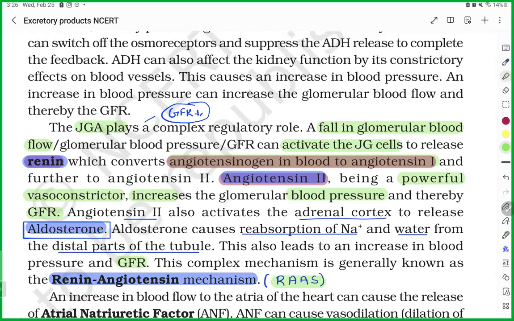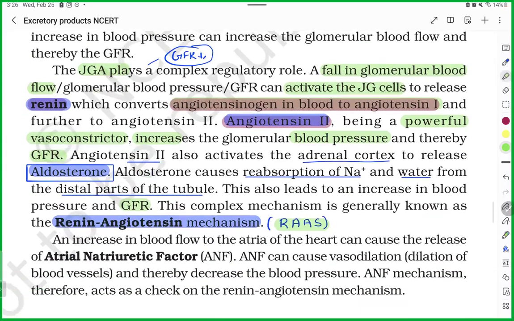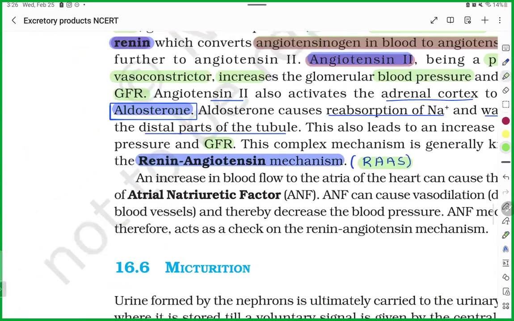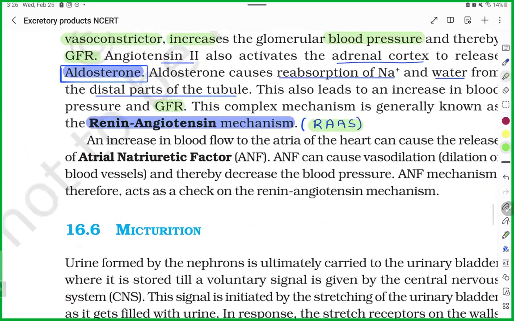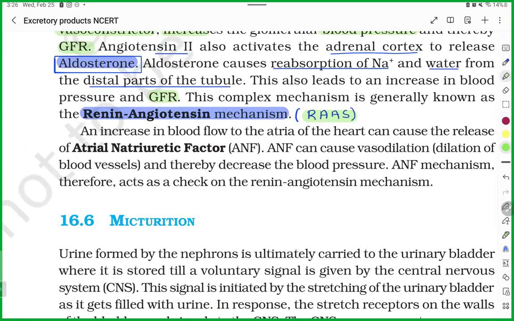Opposite to this is if GFR is low. But if it is high, what to do? We have to decrease blood pressure. If GFR is already high and we want to reduce it, what to do? Then ANF will work.